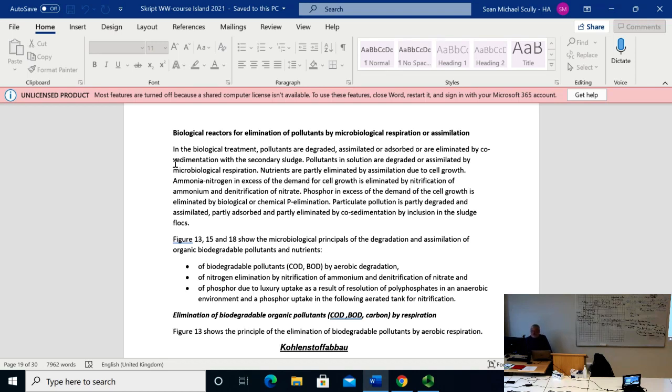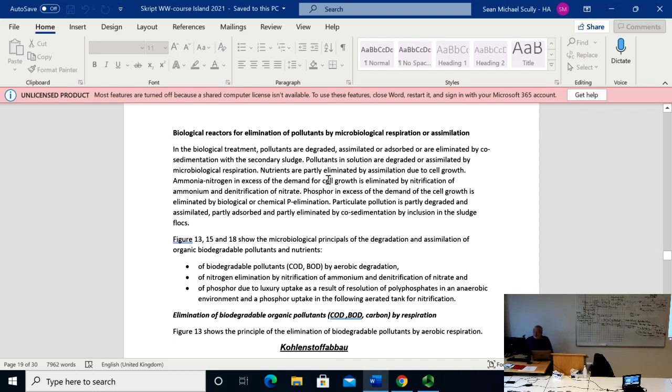No? And this is why I talk about this co-sedimentation. The pollutants in solution are degraded or assimilated by microbiological respiration. There might be a little bit of absorption, but that's all.